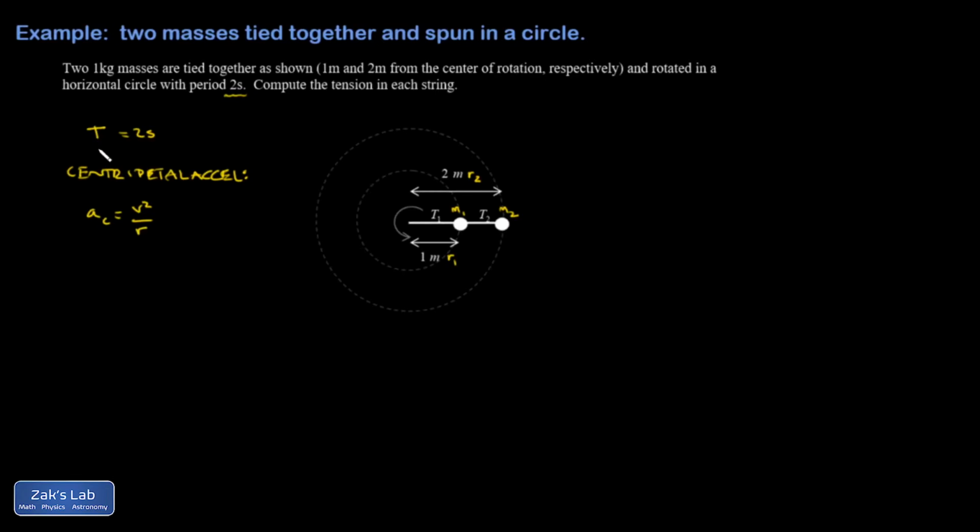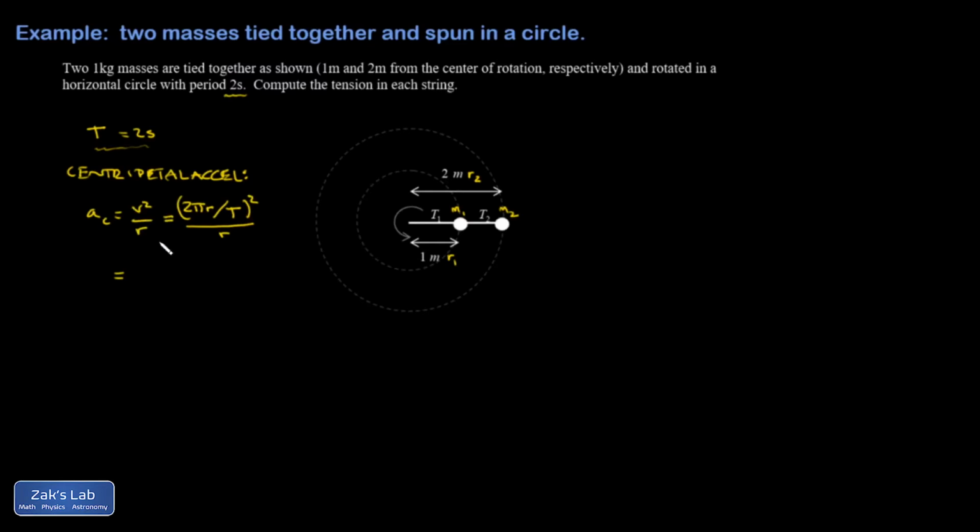But in this case, we're given the period, and I know that I can rework this formula in terms of period. So I say the speed v is just distance divided by time, and it moves the distance of 2 pi r, the circumference, every time one period goes by. So you may just memorize this formula. I like to rederive it and keep my list of memorized formulas to a minimum.